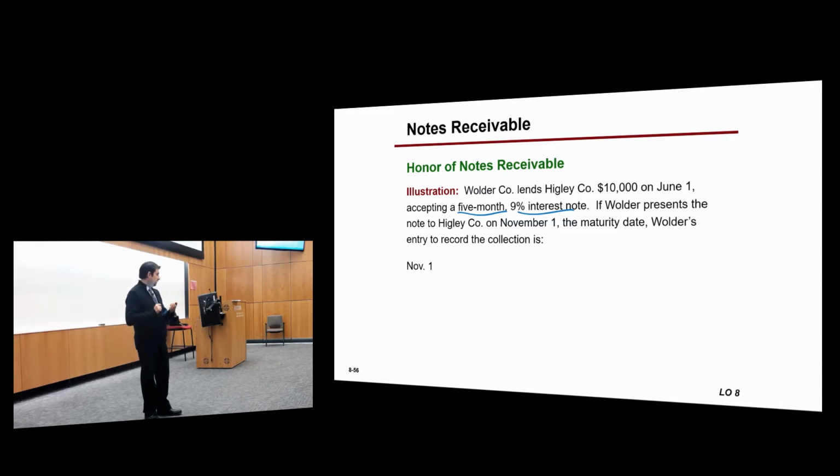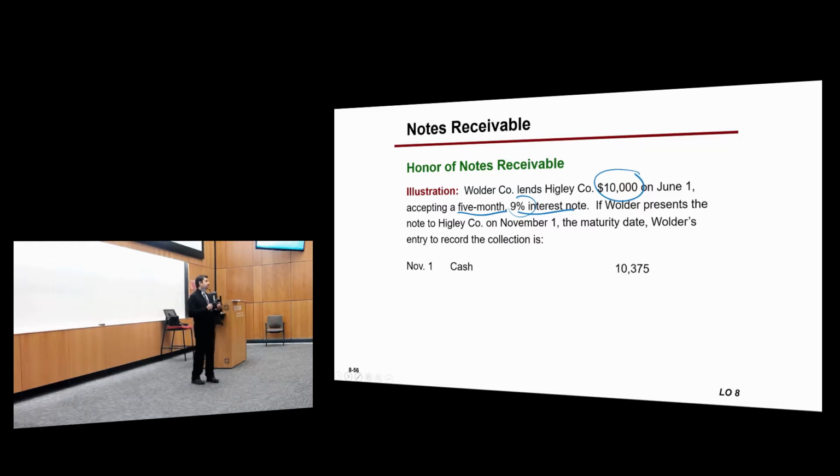The company will receive cash, right? What's the amount of cash? It's 10,000 plus 9%. They will receive the face value plus the interest. So it will be 10,000 plus 9% for 5 months. Okay? So cash will be 10,375.